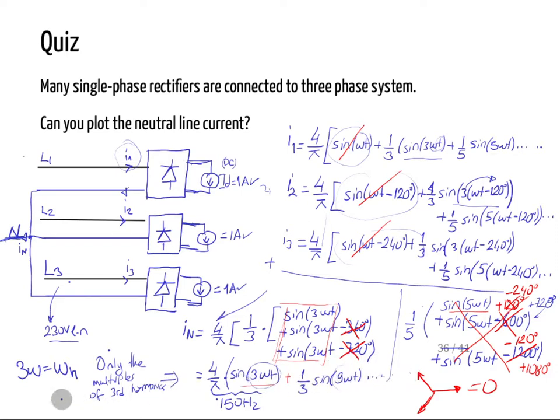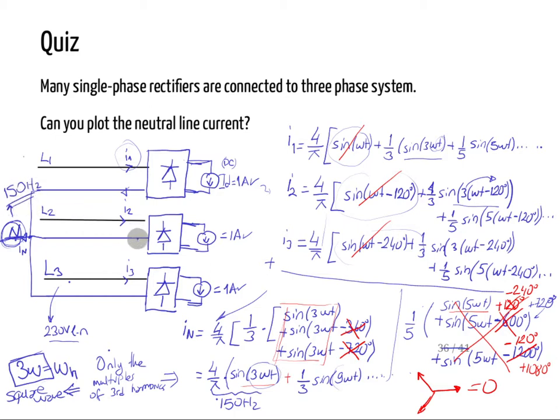So this is basically a square waveform, but with 3 times the frequency. So the neutral line harmonics will be a square waveform, but not at 50 Hertz. It is a square waveform at 150 Hertz.